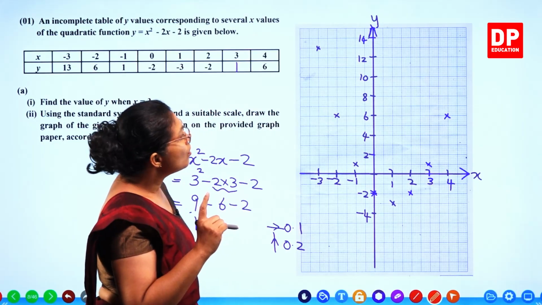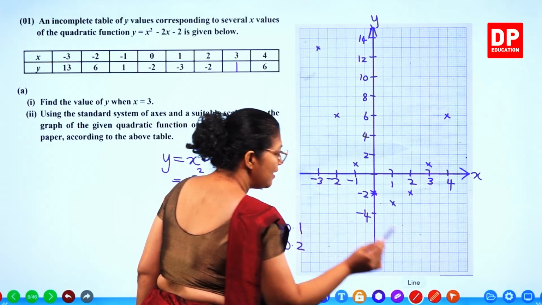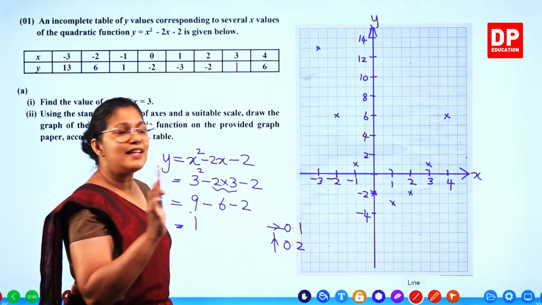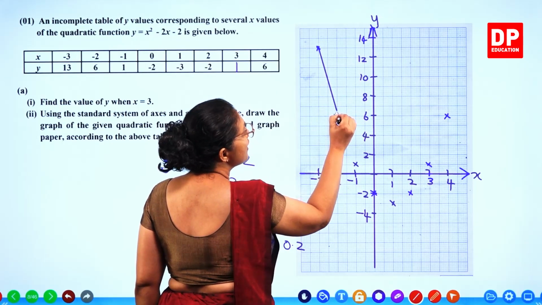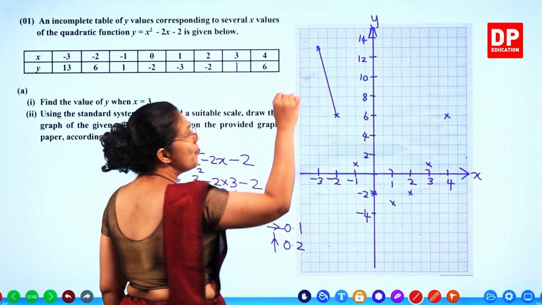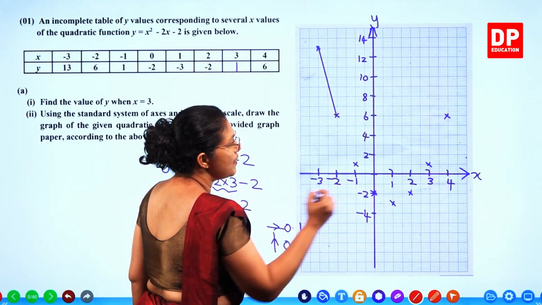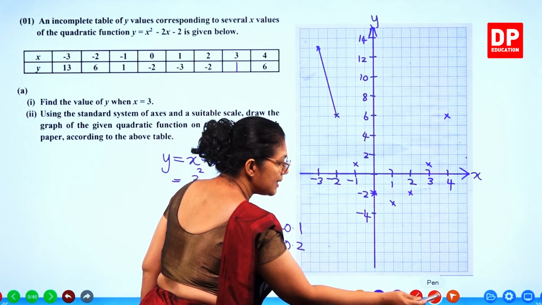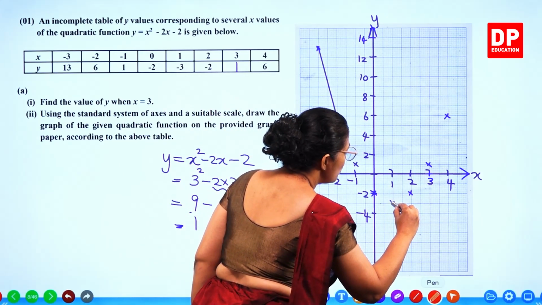Then you have to connect smoothly. So I can take the ruler only to connect the last 2 points, not the whole thing, because these 2 points are far away. Now we'll smoothly connect the other points with the pencil. So let's try to draw the smooth curve.